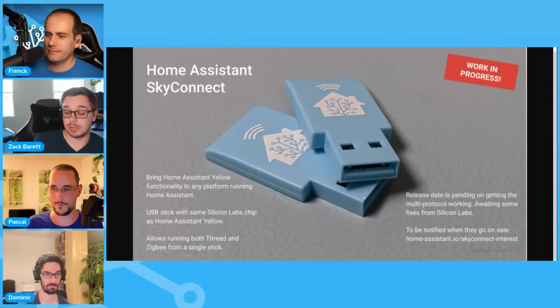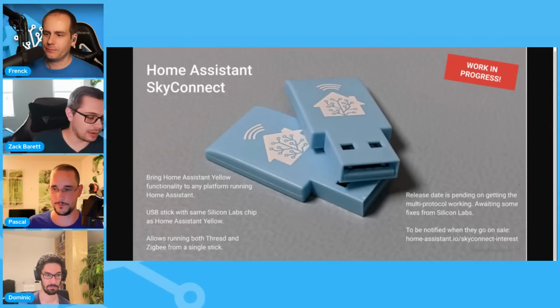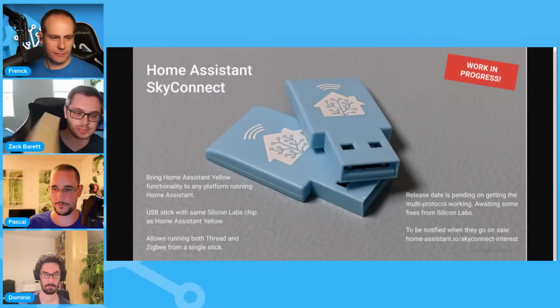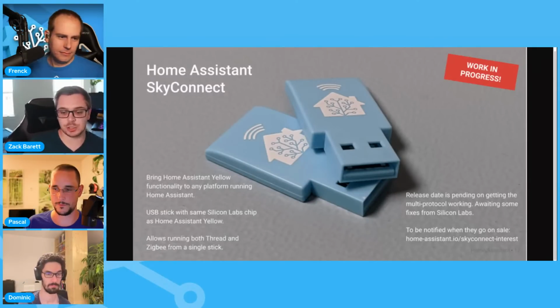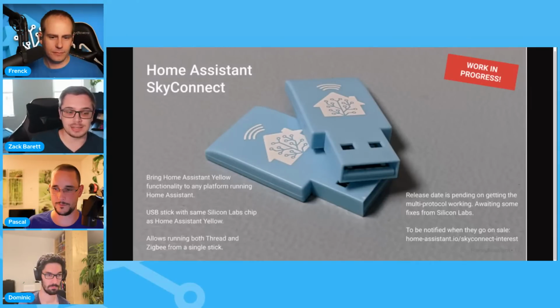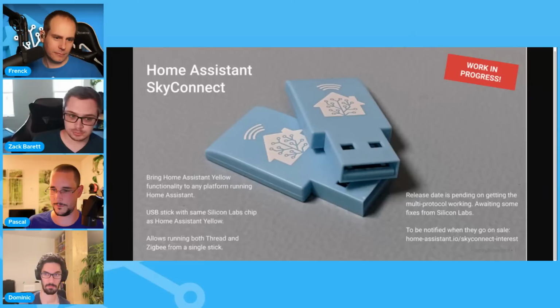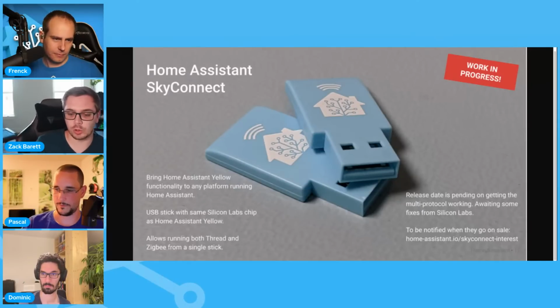So as you may know, the Home Assistant Yellow that we have test devices of, and it's shipping this month, has a Zigbee/Thread antenna inside of it in order to talk to your Zigbee devices, and in the future, Matter. Our goal is to utilize the Thread protocol in order to place Matter on top of it.